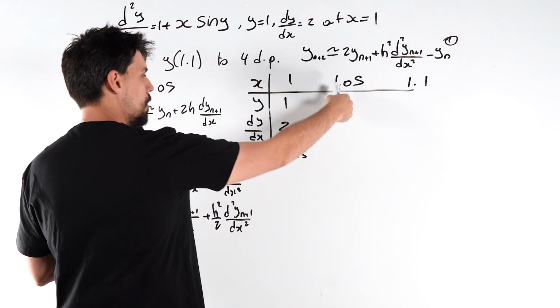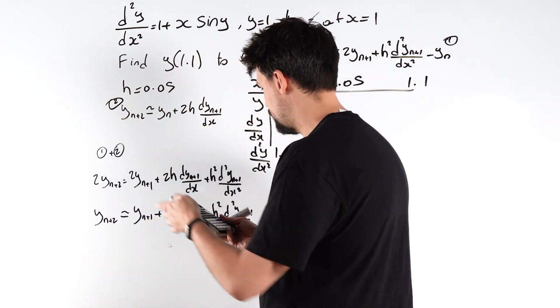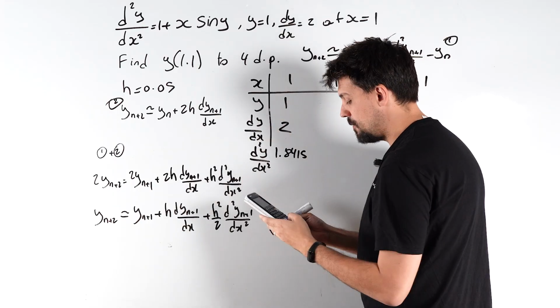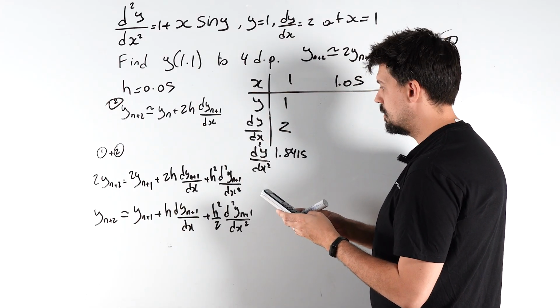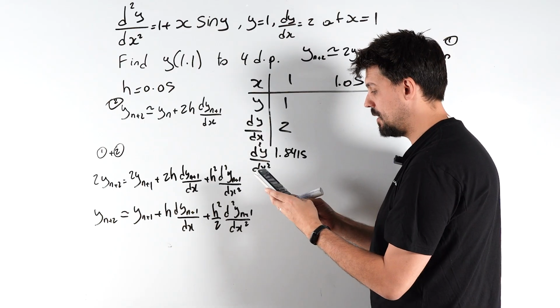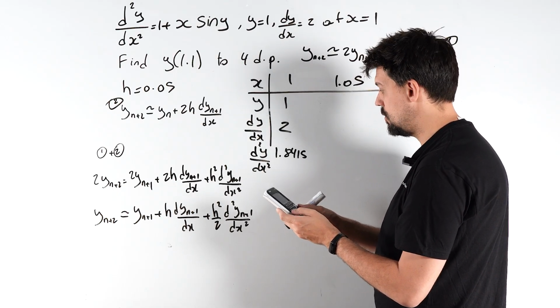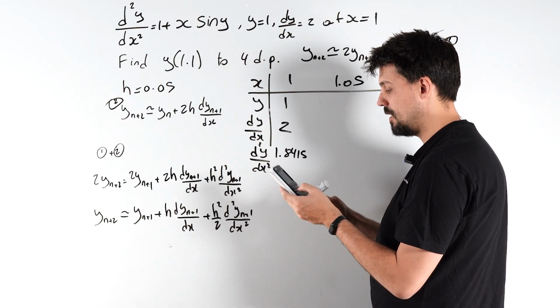So I'm going to make this approximation even betterer. The next value of y will be the previous value of y plus h times the previous value of dy dx plus h squared over 2 times the previous value of d2y dx squared, which I saved.